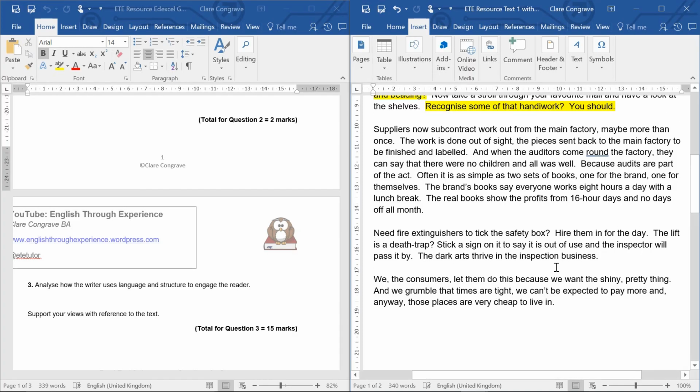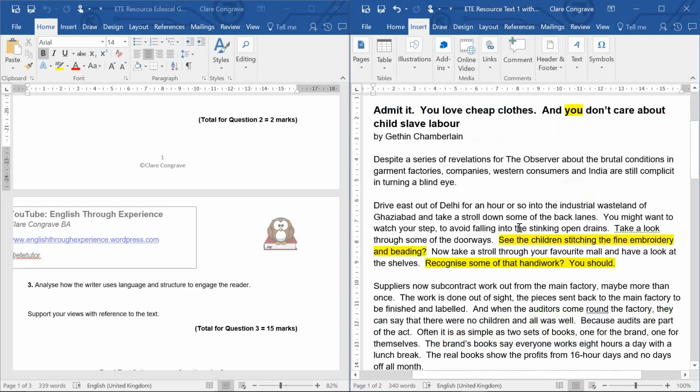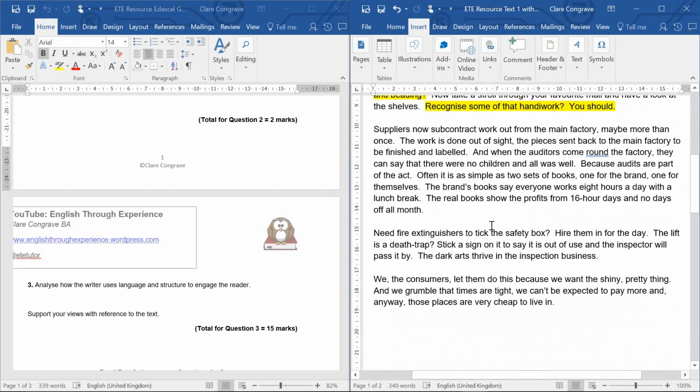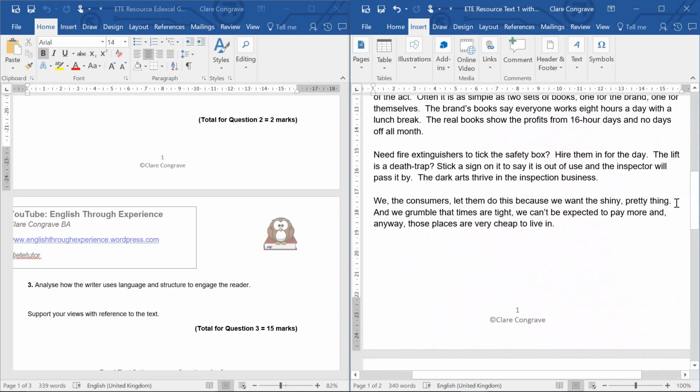Okay, final thing that we've got is this repetition of the word cheap. So at the beginning we've got cheap clothes, we've also got that alliteration there, and then we learn all about this situation, and then these cheap clothes become shiny pretty things, and the repetition of the word cheap is used here to justify why the Western consumers feel that it's okay to buy these garments because we can't afford it and those places are very cheap to live in.